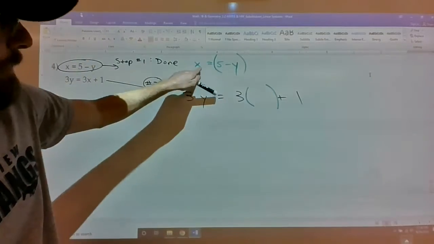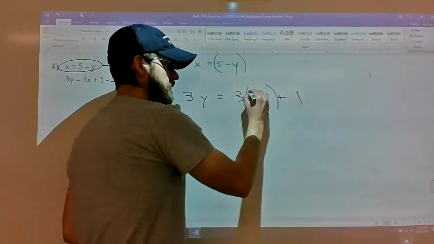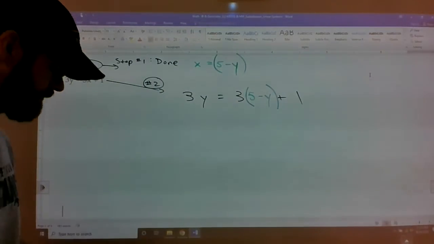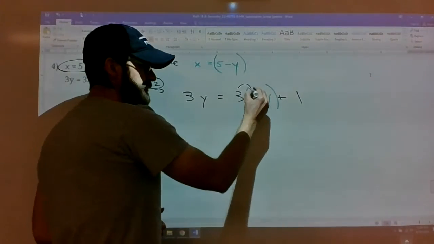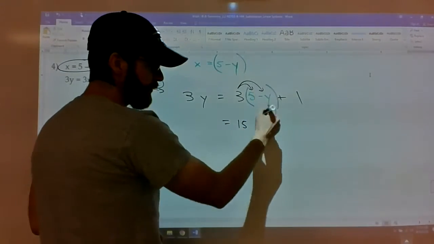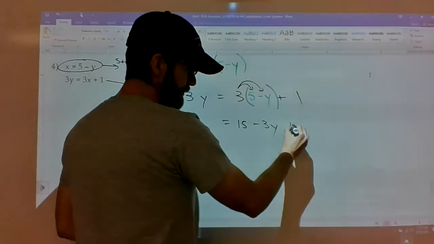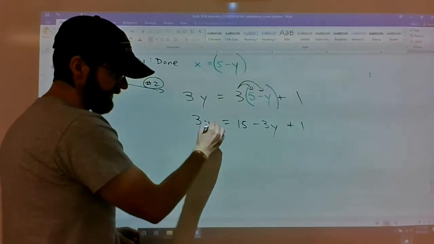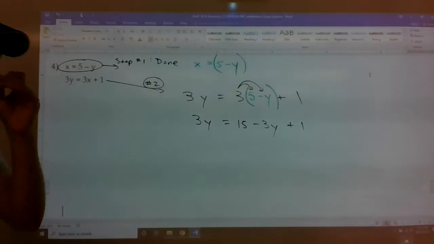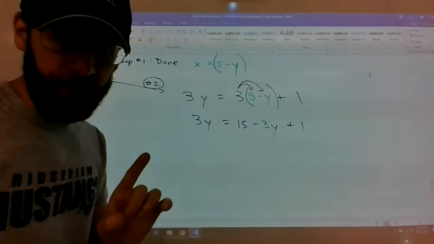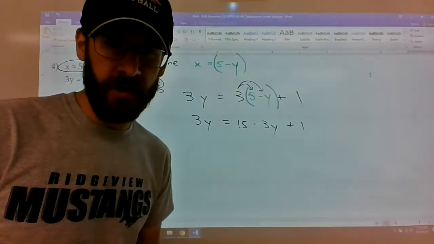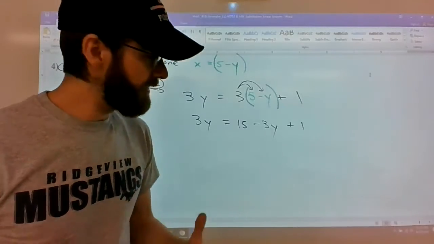It was an x, but it's actually the green x. Distribute the 3 to the 5, that's 15. Distribute the 3 to the minus y, which is negative 3y, and you get plus 1 over here. The 3y is still 3y on the left. Now I wanted to highlight this particular example because I know you guys are looking for shortcuts all the time, and that's fine.